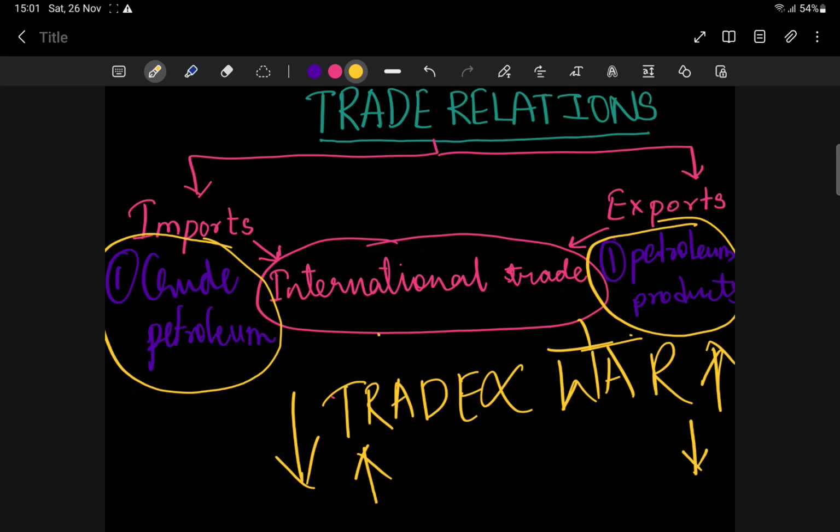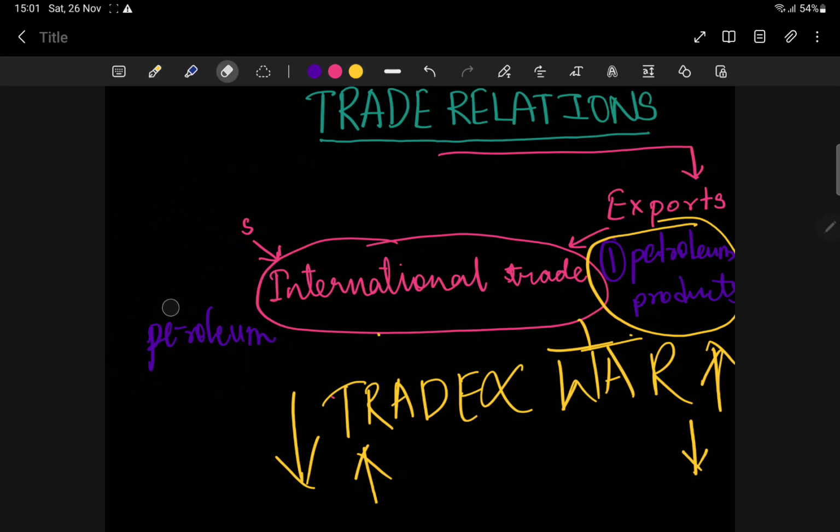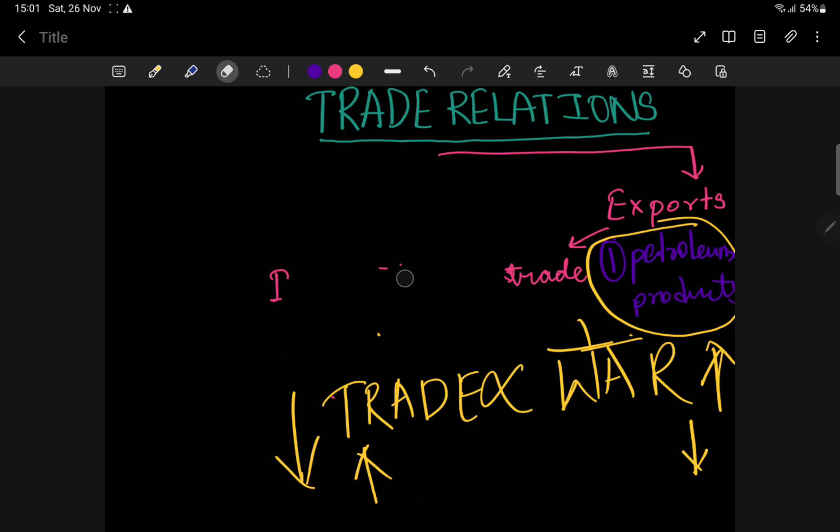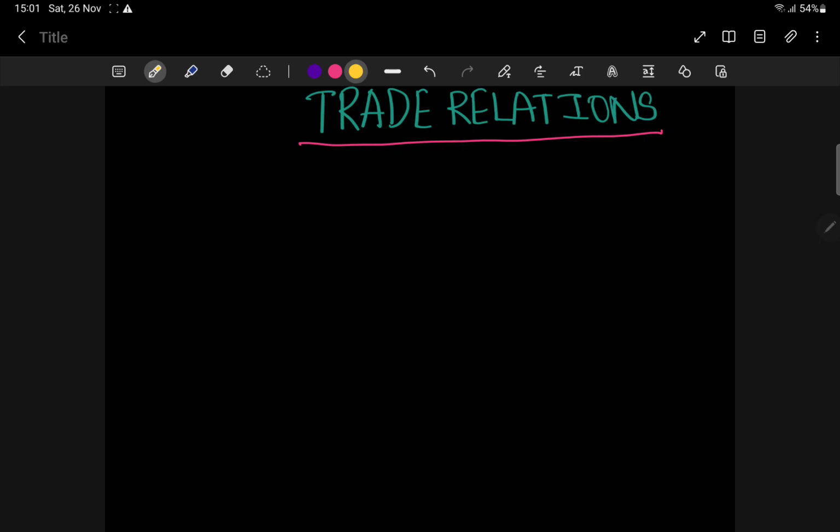That is a few of the most important routes of trade, the international trade. Now, we have various kinds of transportation systems.